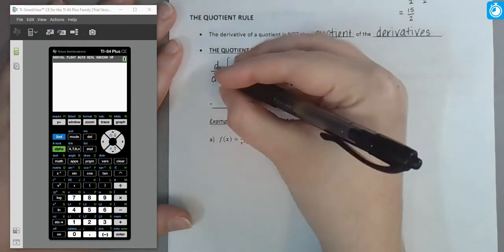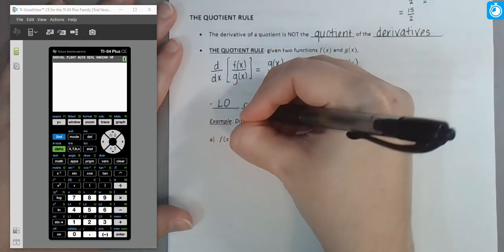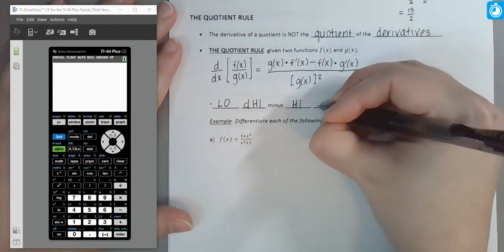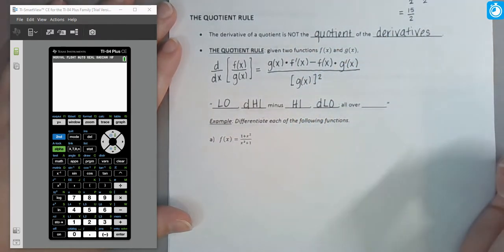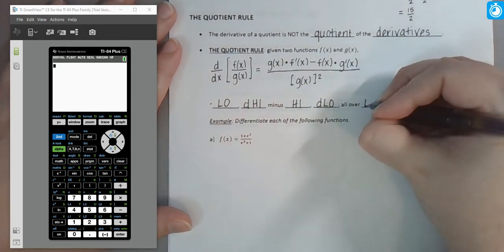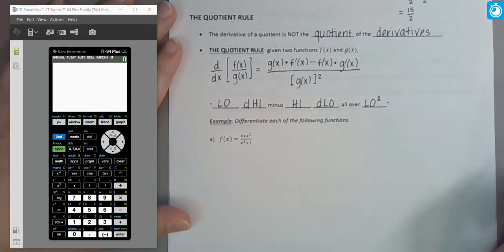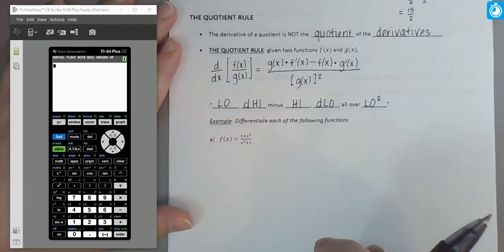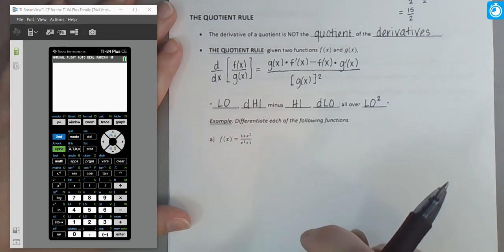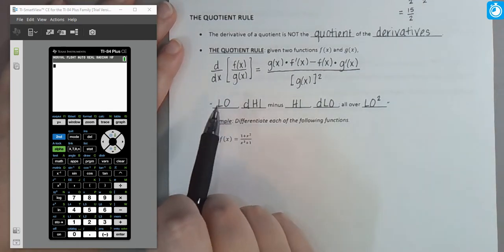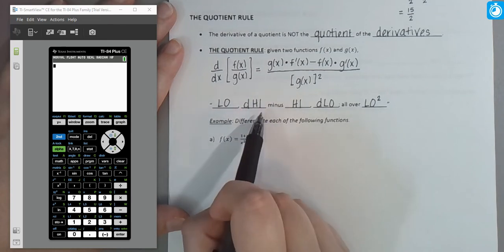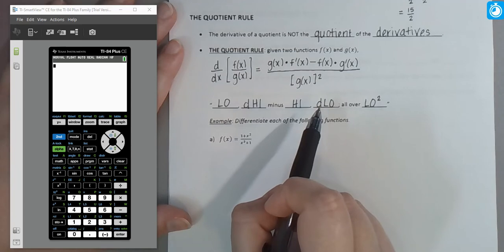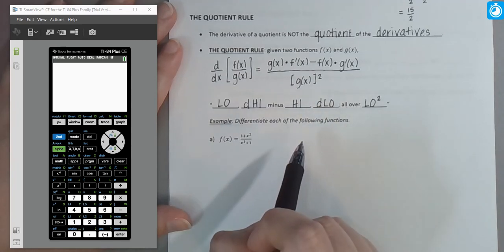The way I remember this is: low d high minus high d low, all over low squared. This is a phrase that you can repeat in your head when you're trying to differentiate a function that involves a quotient. Low d high, derivative of the upper function; minus high d low, derivative of the lower function; all over low squared.